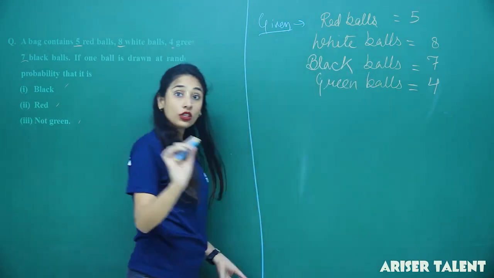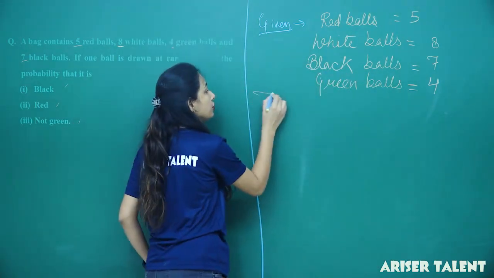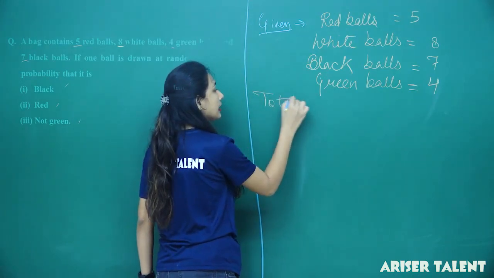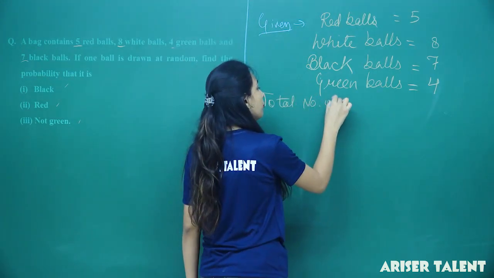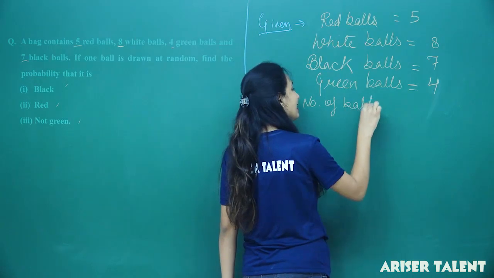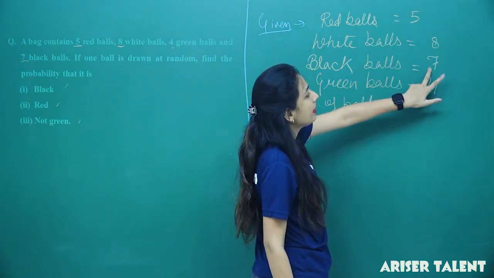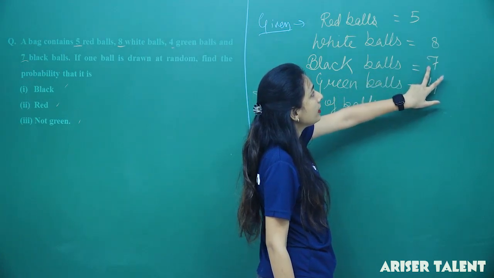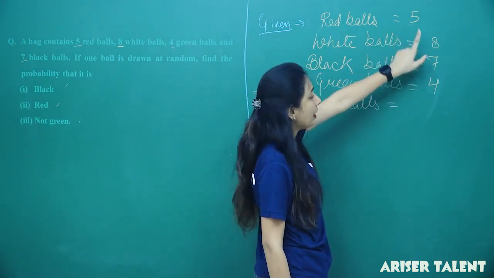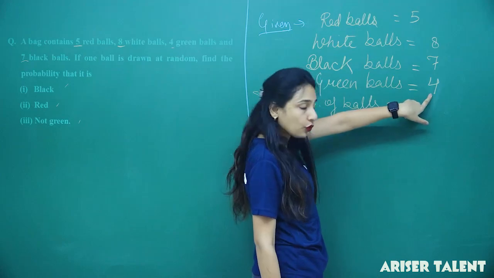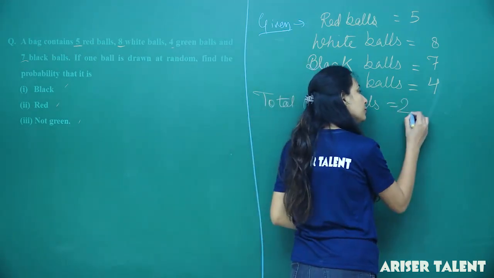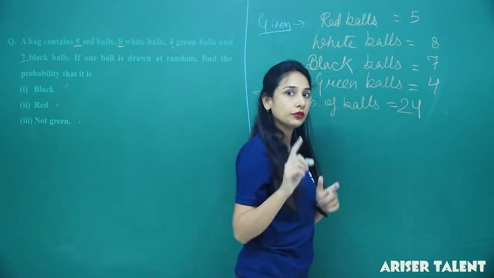Right. So total numbers of balls, I can just simply add that 8 and 7, that is 15, 15 plus 5 is 20, 20 plus 4 is 24. That will give me 24, students, right or wrong? Right.